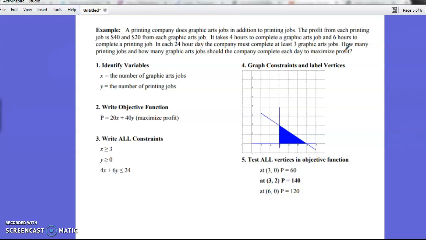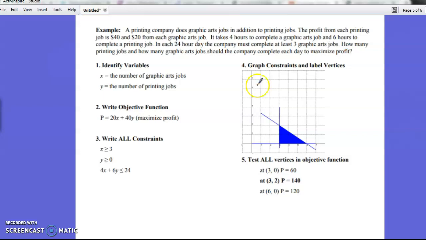The profit from each printing job is $40 and $20 from each graphic arts job. It takes 4 hours to complete a graphic arts job and 6 hours to complete a printing job. In each 24-hour day, the company must complete at least 3 graphic art jobs. How many printing jobs and how many graphic arts jobs should the company complete each day to maximize profit?